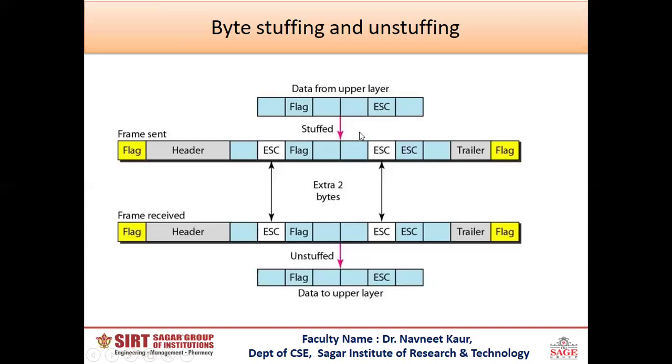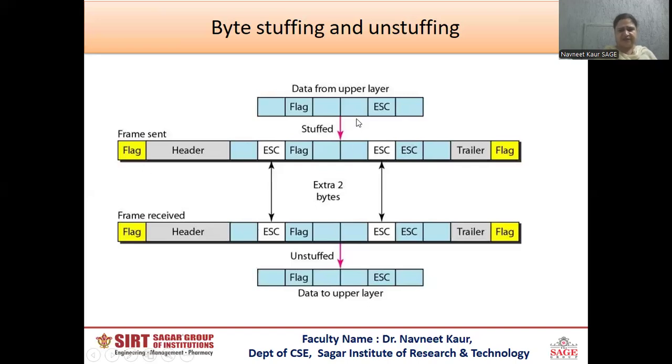Now, if in this data part there is a collection of 8 bits, that is 1 byte, which is similar to the escape byte, the ESC byte, then also the layer adds one extra ESC byte before the ESC byte, so that when it is interpreted at the destination, it is not interpreted as a delimiter, the end or beginning of the frame.